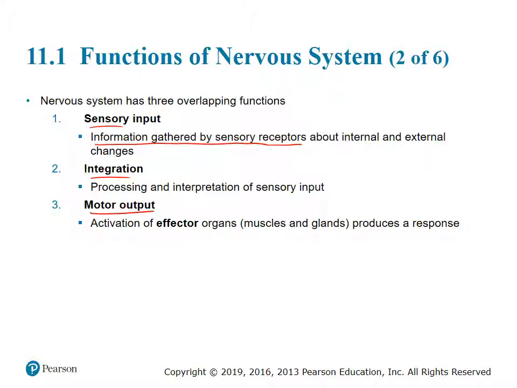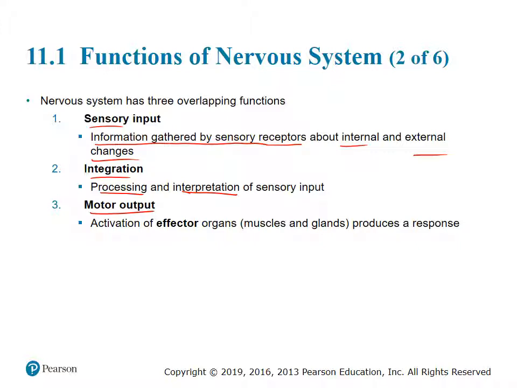When we talk about internal and external changes, that's exactly what we mean: taking information from sometimes outside the body, at other times inside the body, or sometimes both at the same time, and sending it to the integration part, which is the processing place.